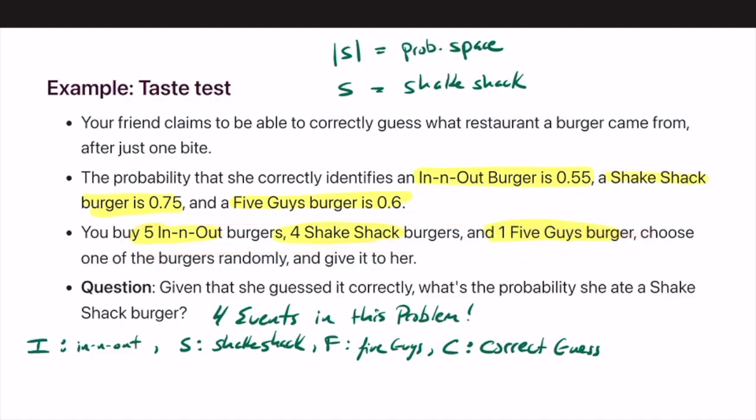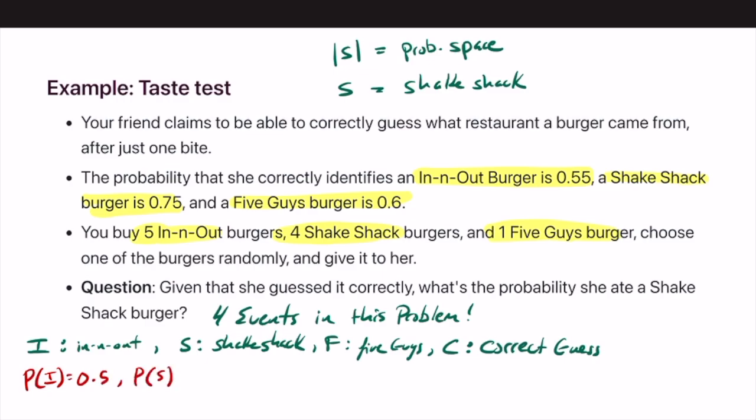So we can go ahead and begin to write down this information. So we'll say the probability of the random burger being an In-N-Out is 5 out of 10, so 0.5.